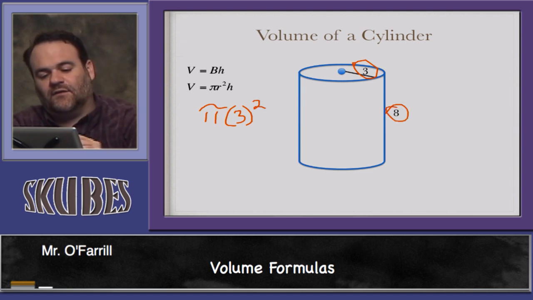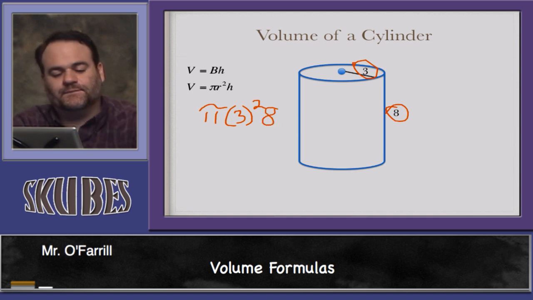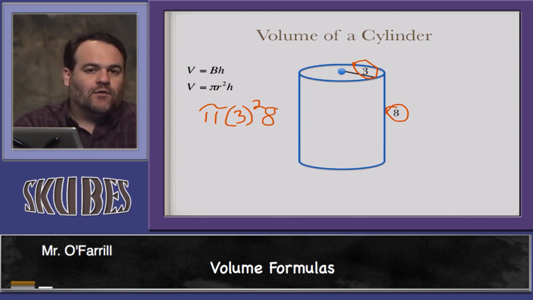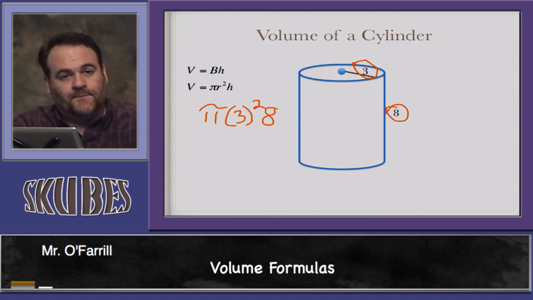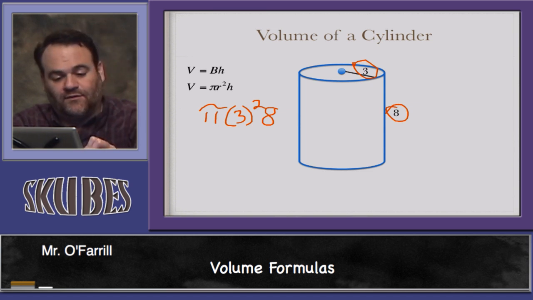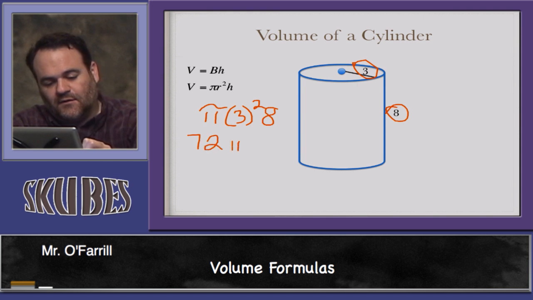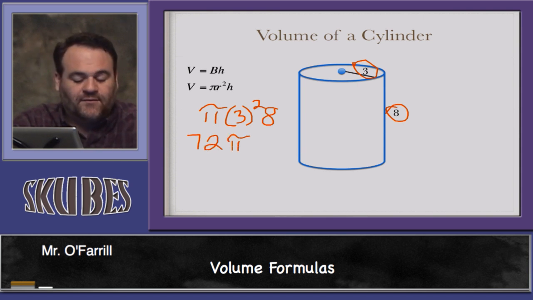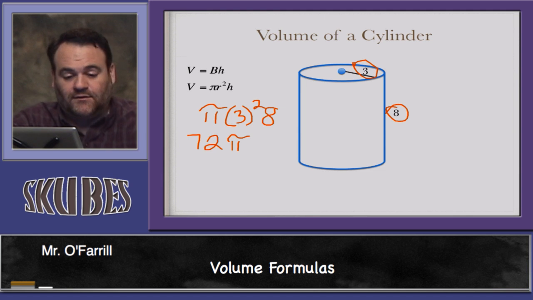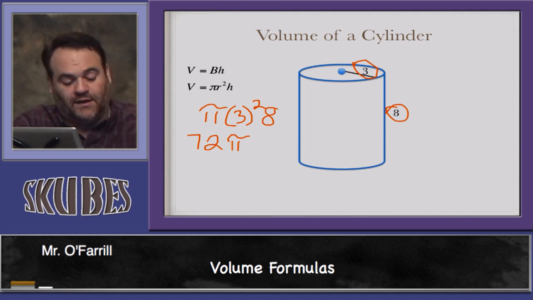The height in this case is 8. Well, 3 squared is 9, and 9 times 8 is 72. We can say that the volume of this cylinder exactly is 72 pi.